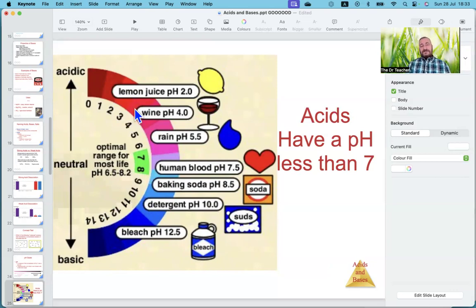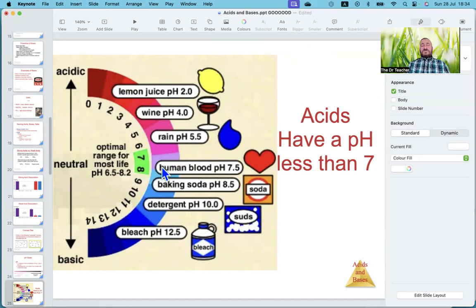So you can see here the lemon juice pH is 2. Wine pH is 4. The rain, if you have a crowded city of cars, it will dissolve the gases into the rainwater, and the pH you can find is 5.5.